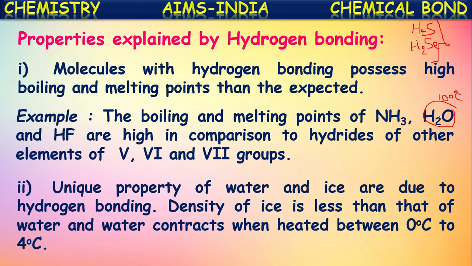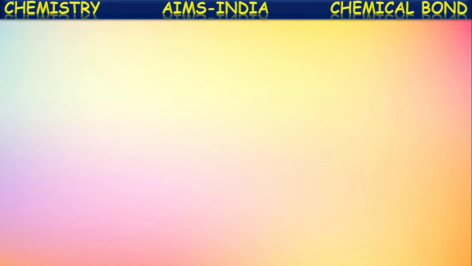At the same time, we can say it has its maximum density at 4 degrees Celsius. This is because of the hydrogen bonding between the molecules of water. Because of this reason, ice has less density than water, and hence ice floats on water.